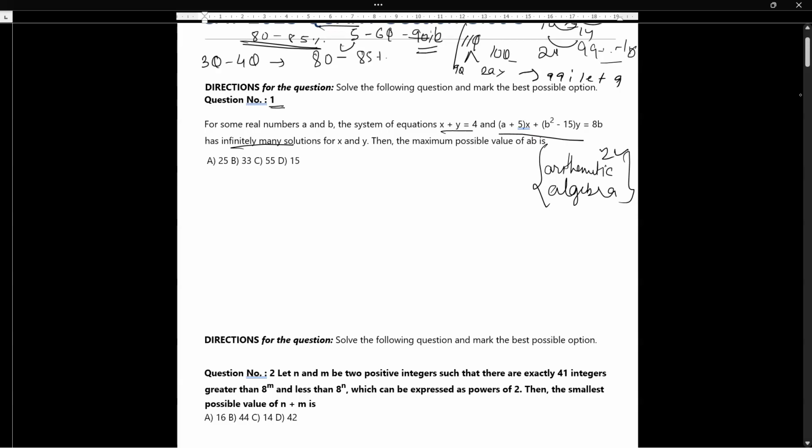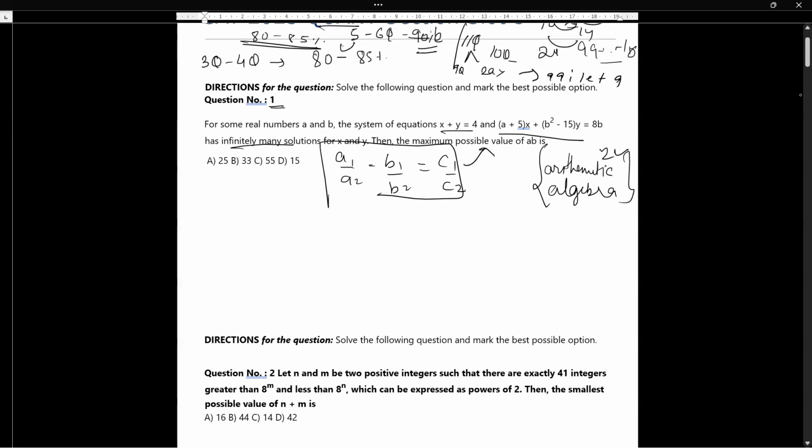And if you are well versed with the basic concept of the topic, not the deep advanced also, right? You will be able to solve 5 to 6 questions. Mark my words, right? So in this question, when you study algebra, the first topic is linear equations. They tell you for infinite solutions, it's A1 upon A2 equals B1 upon B2 equals C1 upon C2. So this concept is applied here.